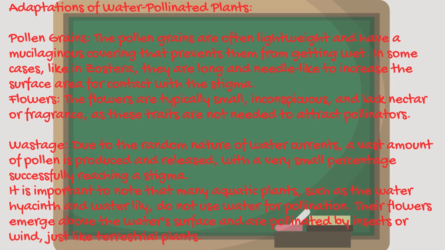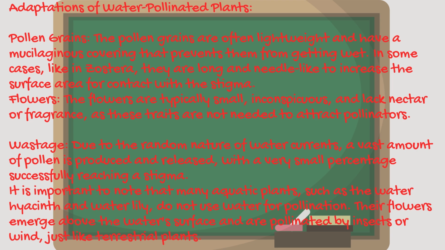The pollen grains are often lightweight and have a waxy covering that prevents them from getting wet. In some cases, like Zostera, they are long and ribbon-like to increase the surface area for contact with the stigma.